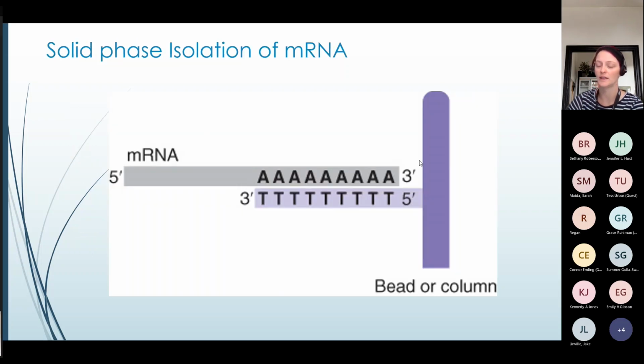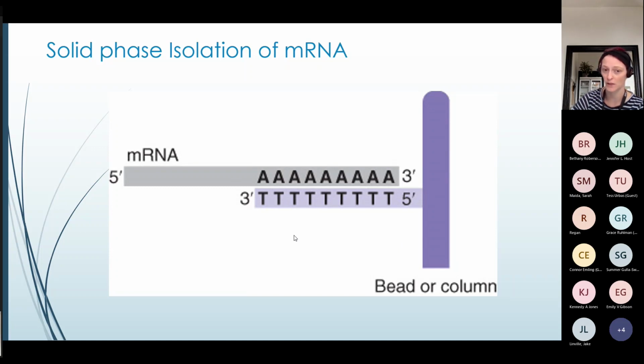So a way that we can isolate mRNA is you have this column. It can either be a magnetic bead or a column, and they have these poly T tails bound to them because mRNA has a poly A tail. So all your mRNA will bind to this bead or column with this poly T tail that is on it.